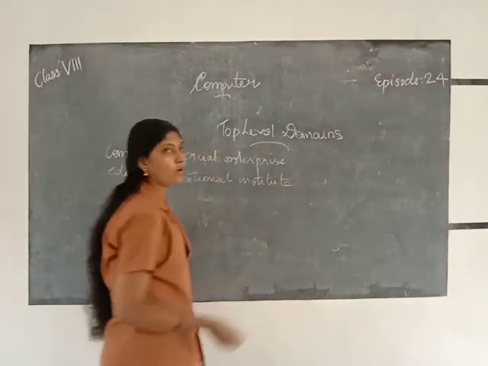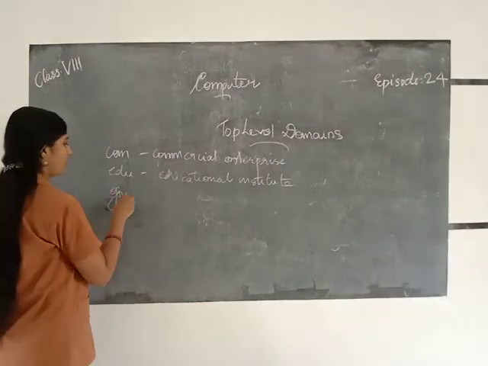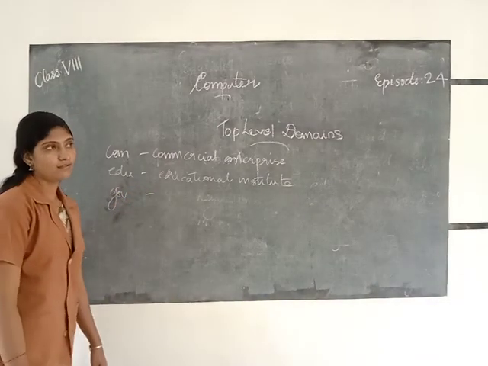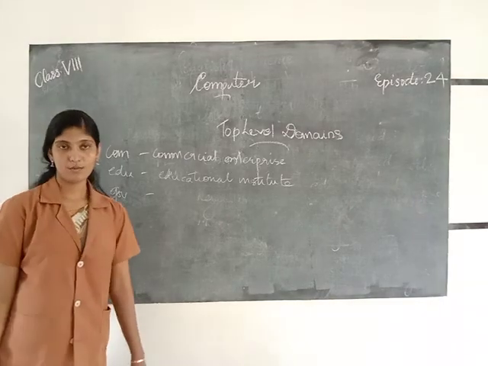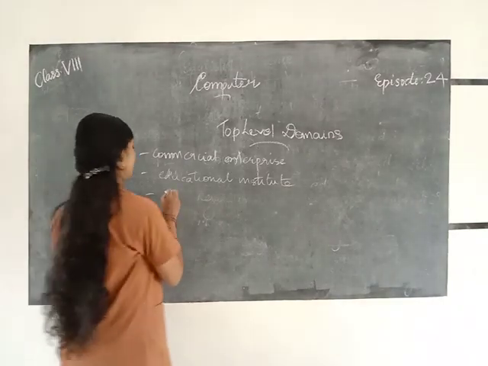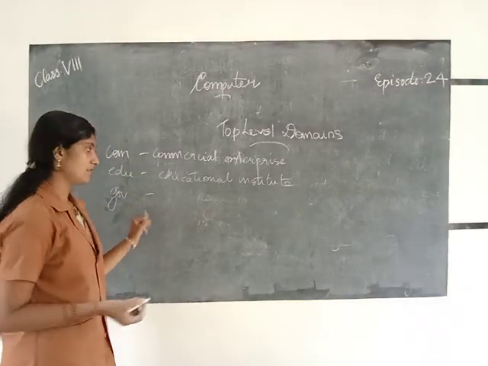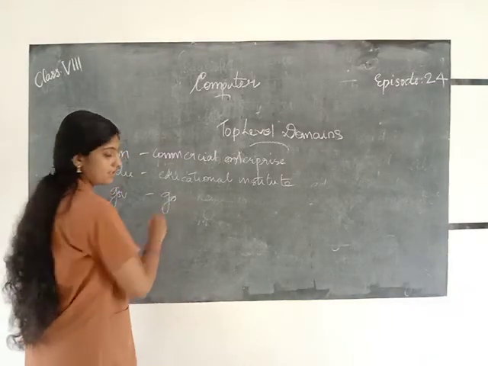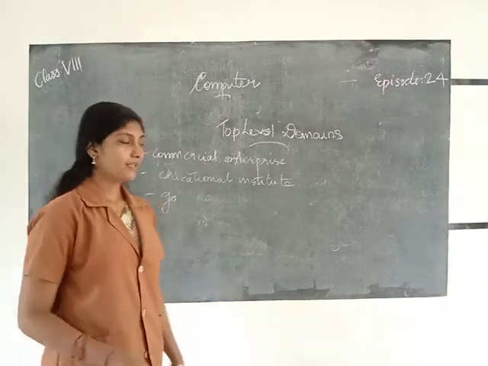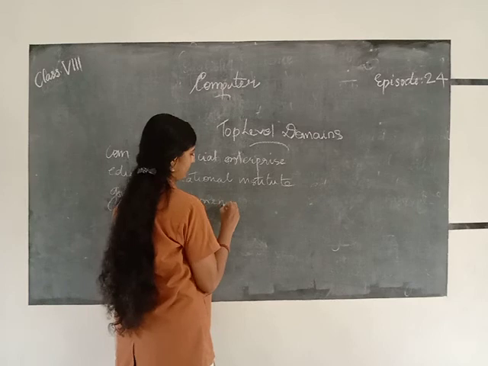Then next gov, for government purposes or government sites. Akshaya.gov or KCB, etc. That means these are the sites under the government. So gov means government organization.